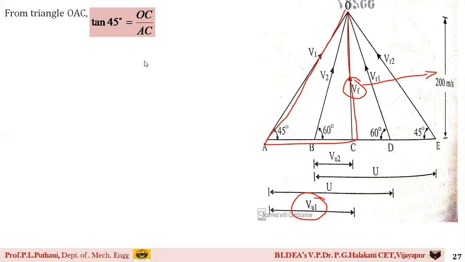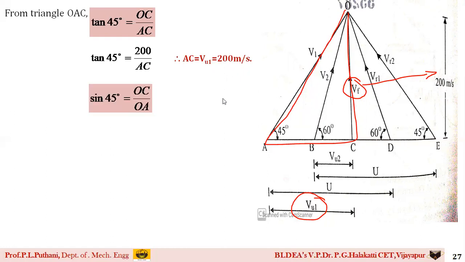On substituting the values and simplifying, AC, which is equal to V1, is 200 meters per second. Similarly, using the sine function, sine 45 degrees is OC by OA.